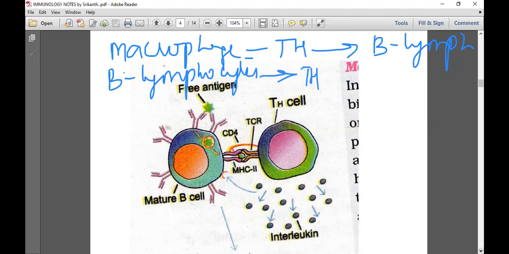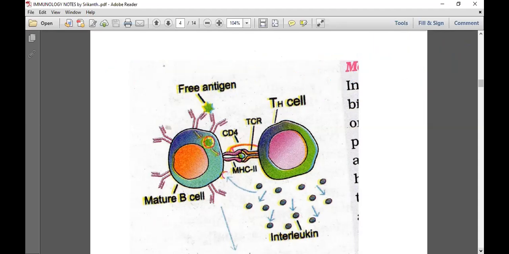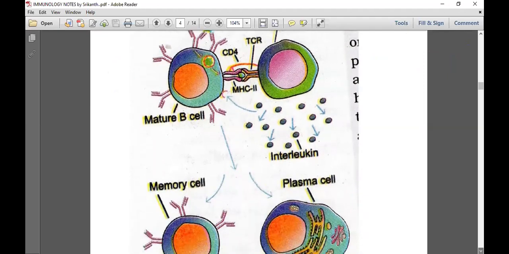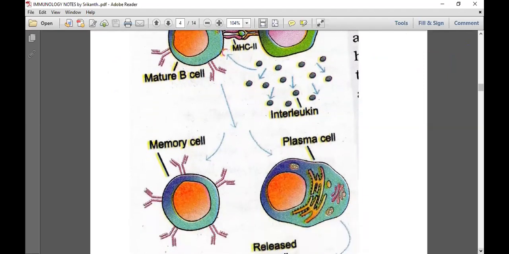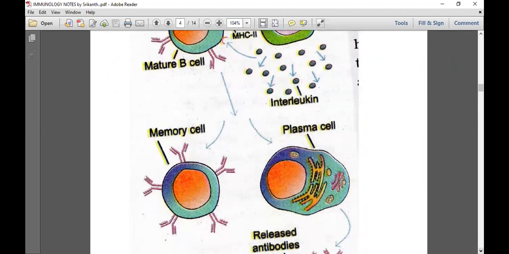Then the T helper cell gives it again to the B lymphocyte. Now the B lymphocyte will be activated. Activated mature B cells will differentiate into two types of cells. What do you call them? Plasma cell and memory cell.